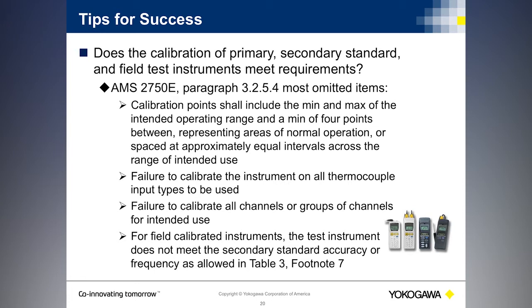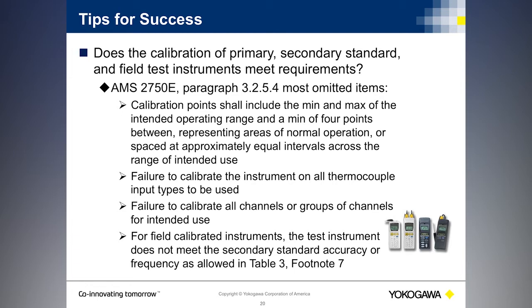This would be for your temperature uniformity meters. If you're using a multi-point recorder for doing a uniformity survey, each channel or group of channels must be calibrated for the intended use. And for test instruments that are calibrated in the field, the test instrument does not meet the secondary standard accuracy or frequencies allowed by AMS 2750.